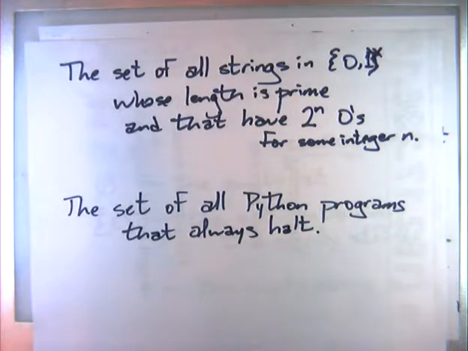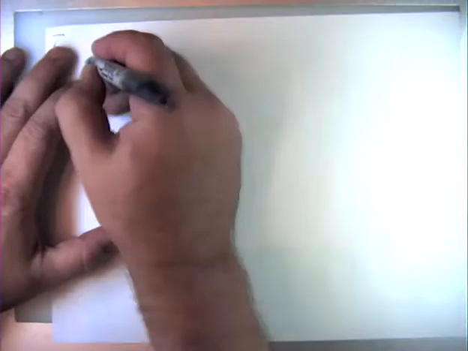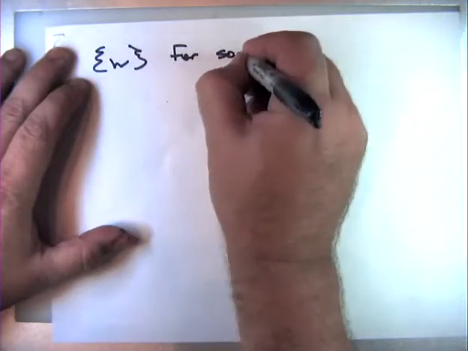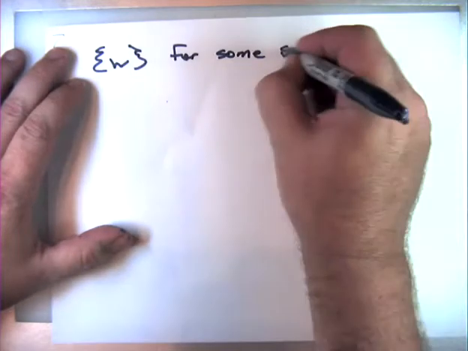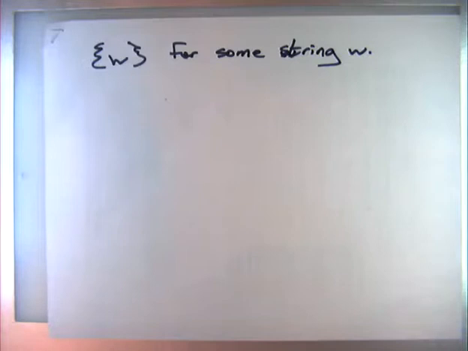So when we start talking about different kinds of languages, we're going to start in the next lecture building languages from smaller things, right? So the sort of canonical language that we might want to build things out of, for some string w, are the sets that contain one string, singleton sets.